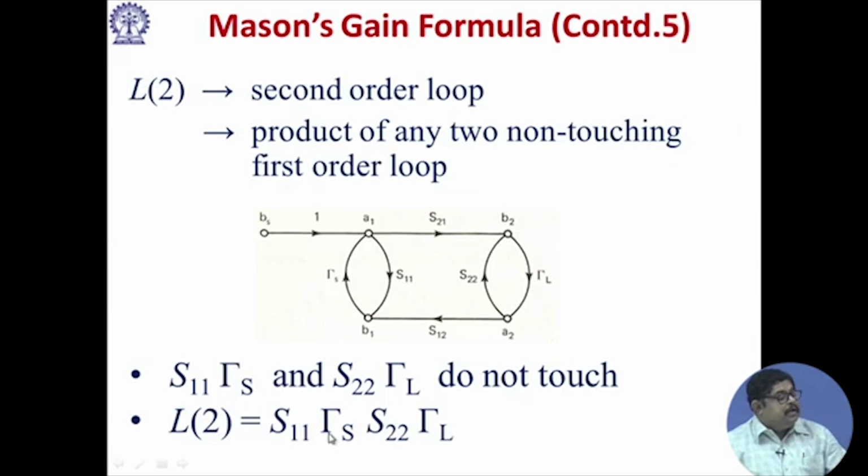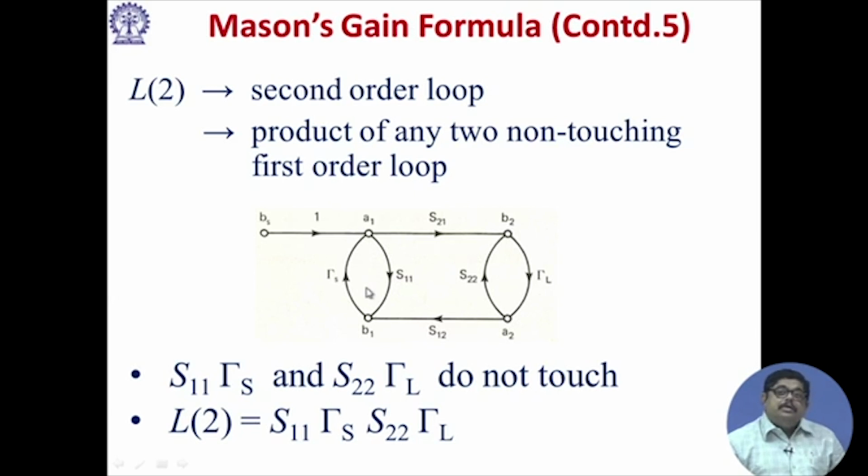Now, is there any second order loop? That means, are there two loops which are not touching? You see, this is one loop, but that is touching this loop. So, this one and this one are touching, but this one and this one are non-touching.